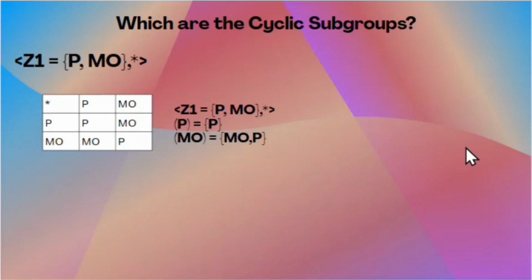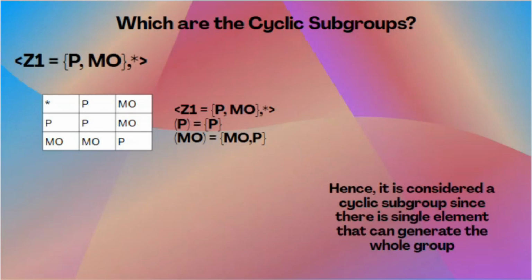Okay, next one, let's proceed to our Z sub 1. So P, then MO. Here P star P is P and MO star P is MO and MO star MO is equal to P. Okay, so you can see here, we have a generator in our elements, MO, which generates the whole group.